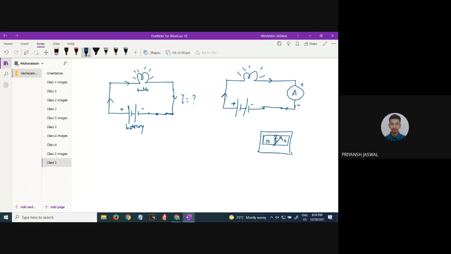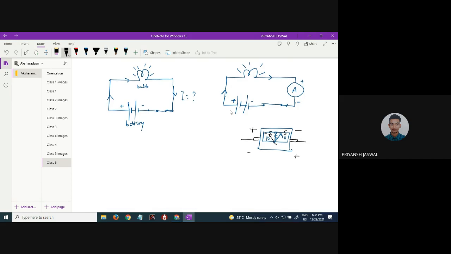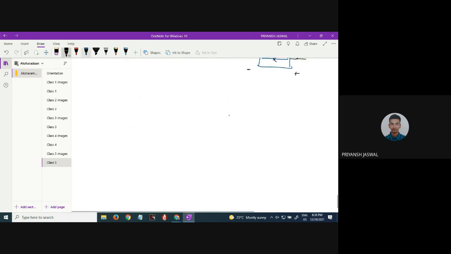If you connected it in the opposite direction, suppose this is the plus and minus terminal. If you connect it like this, then it will give the positive reading. If you flip the terminals by mistake, then it will give deflection on the opposite side. So that is the ammeter.